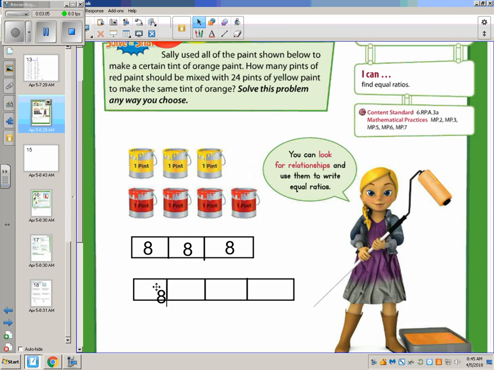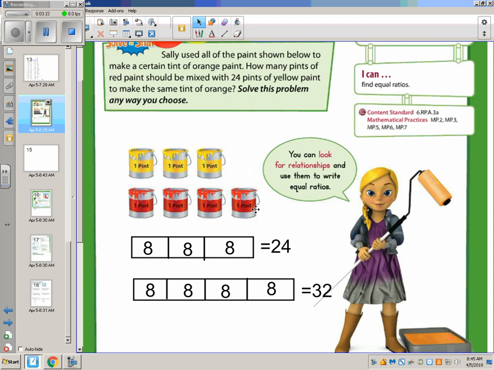And if there's 8 in my top boxes, there would have to be 8 in my bottom boxes. So I could say, okay, if there's 8, 16, 24 of yellow paint, then I would have 32 of the red paint. So that would be one way you could do this.